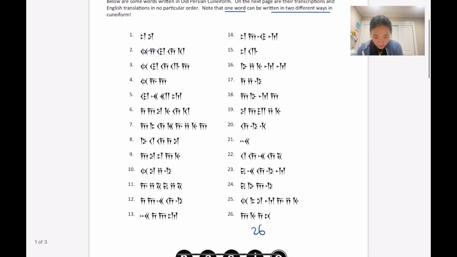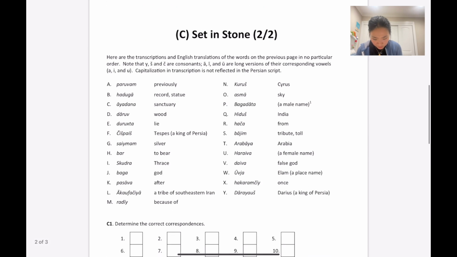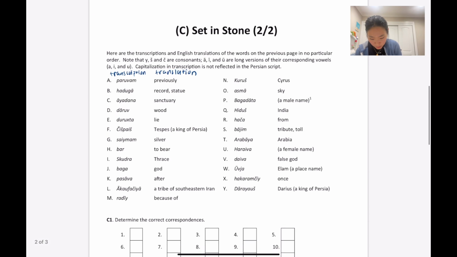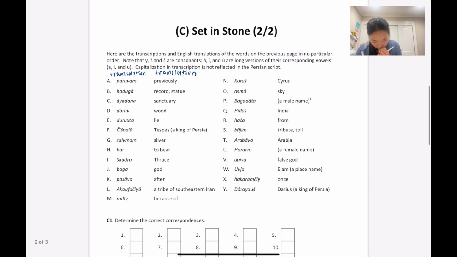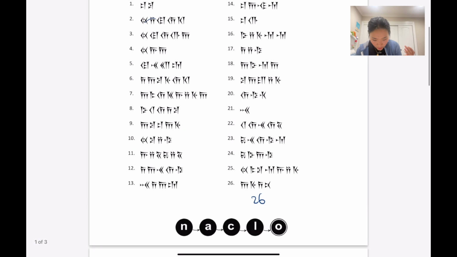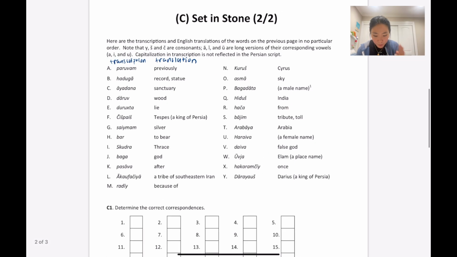And if we look at these symbols versus the transcriptions below, so again, this side is the transcription and this side is the translation. And we really only care about the transcription at this point because we want to go from symbols to each of these words. And what I notice is the way we pattern match this, it can't be word for word.